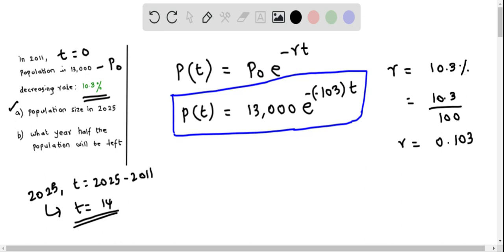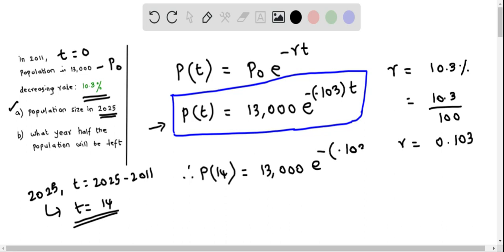And so to determine the population in year 2025, we have to plug in t equal to 14 into the population model. So therefore we get P of 14, and this equals 13,000 times e raised to the power of negative 0.103 times t, replace t by 14.